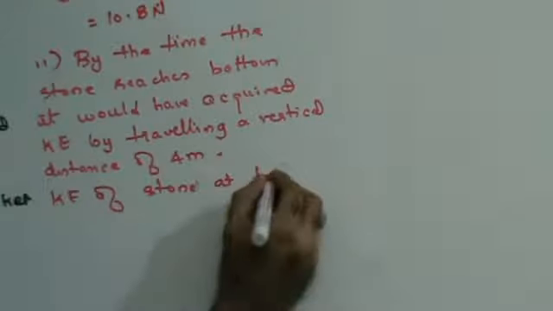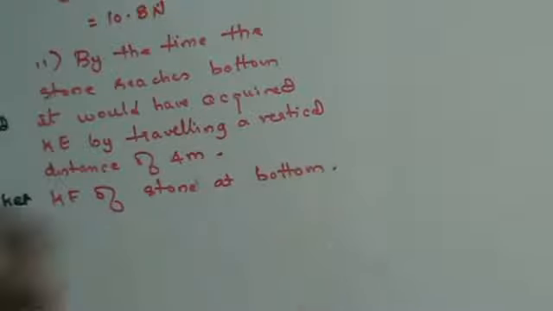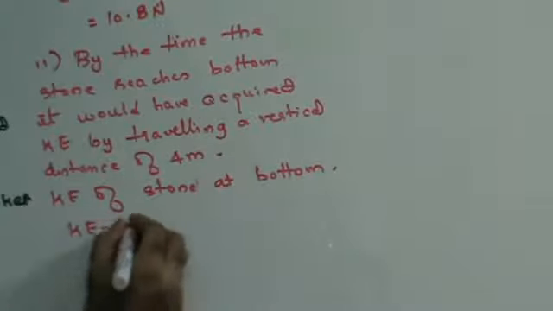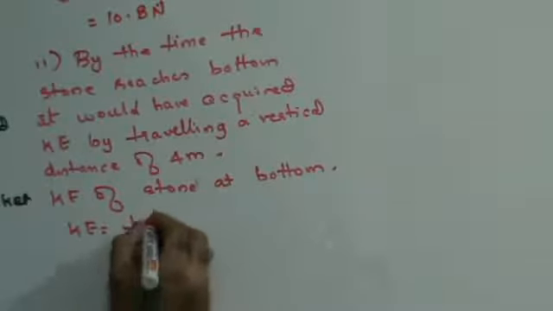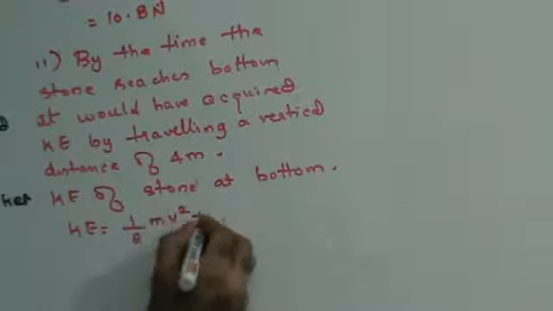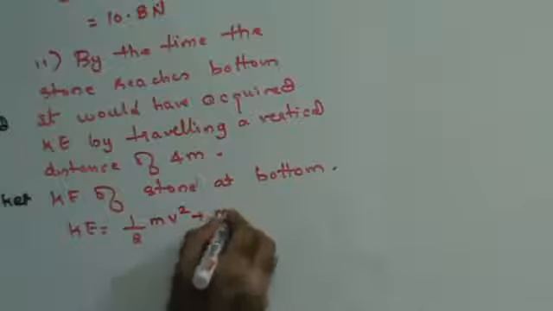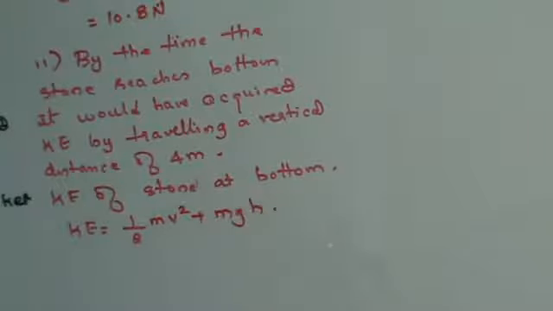Kinetic energy is equal to half mv square plus mgh, because the stone is not on the ground, it is in air, so there is going to be some energy because of its height.